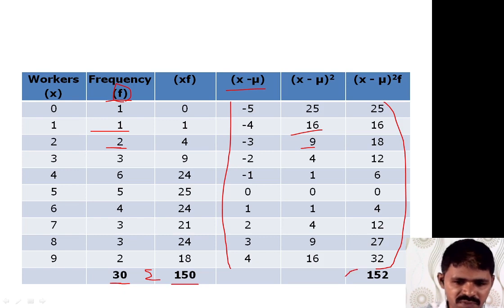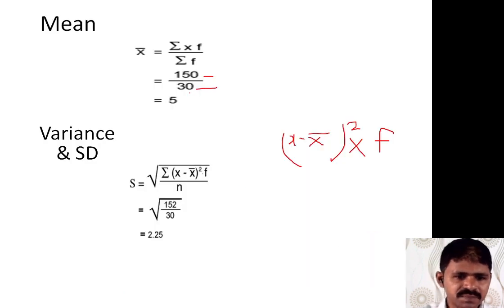Once we sum it, we get 152. Come to the formula: sum of (x minus mu or mean) whole square into frequency, by n.